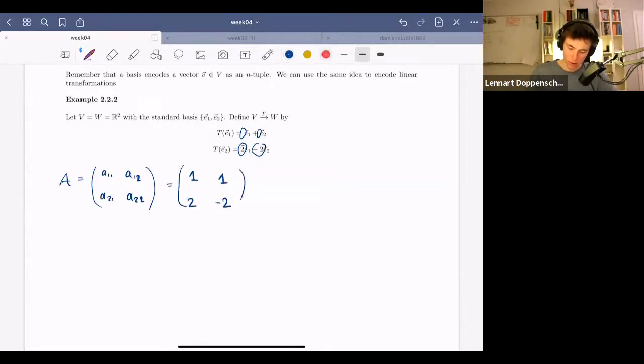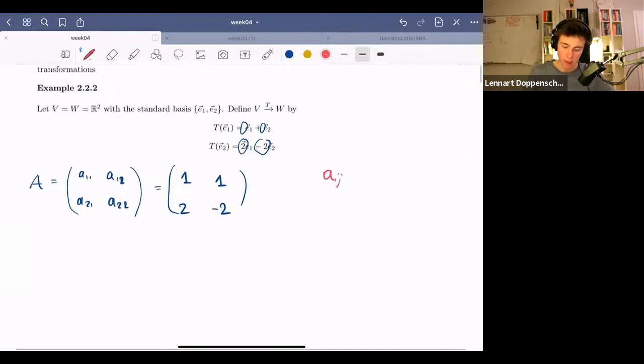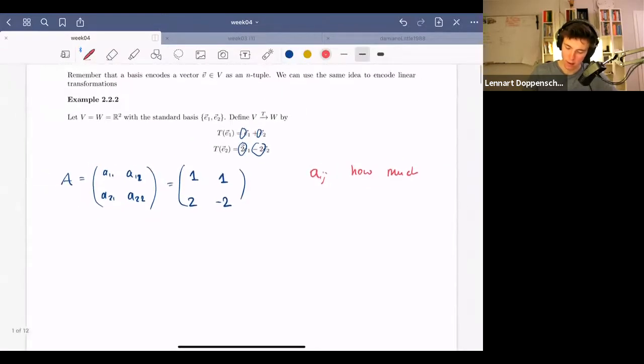Now, you can think of the number Aij in this matrix as how much Ej contributes in T of Ei.